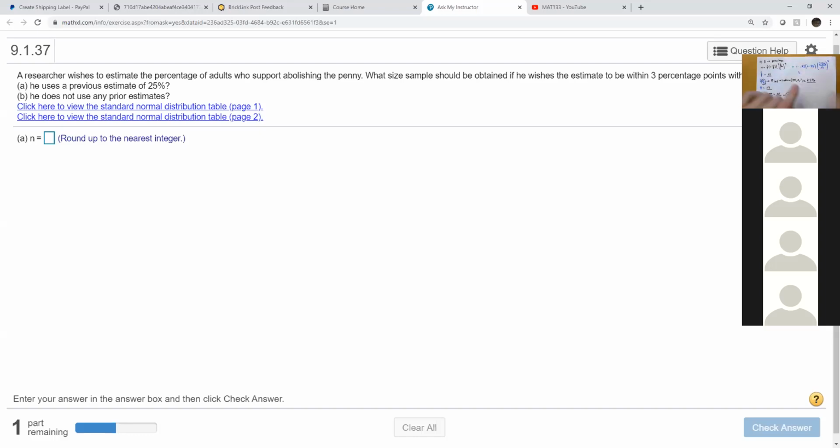You can type this entire line exactly as you see it in your calculator: 0.25 parentheses 1 minus 0.25 parentheses 2.576 divided by 0.03 parentheses squared, enter. I get 1382.453 and so on. And then remember that with sample size, we always add 1 to it, regardless of what this number is. So the correct answer here is 1383. And let's just make sure I'm right.